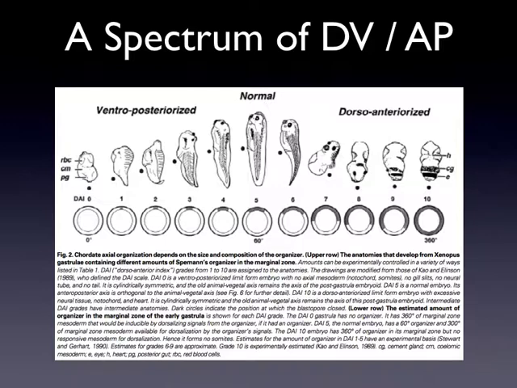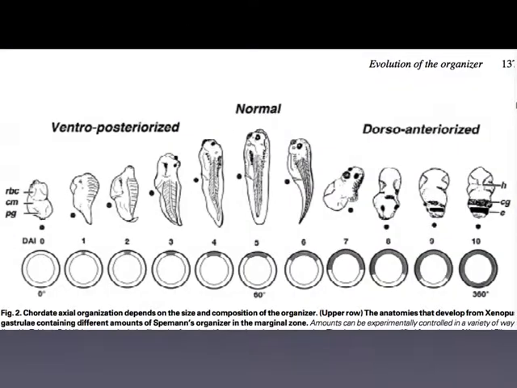And what you see here really is a spectrum of results. And the spectrum is a dorsal, ventral, anterior, posterior spectrum where you've got ventro-posteriorization on one end of the spectrum and dorso-anteriorization on the other side of the spectrum.